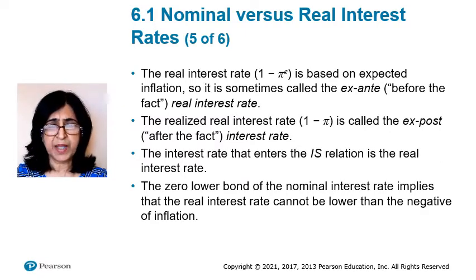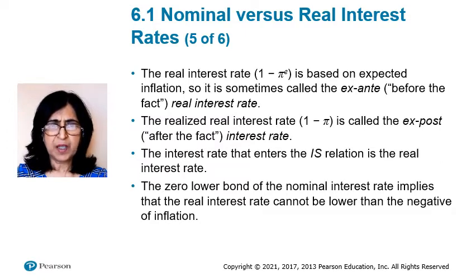Although the central bank chooses the nominal rate, it cares about the real rate because this is the rate that affects spending decisions. If the central bank wants to set the real interest rate equal to R, it must choose the nominal interest rate i so that, given expected inflation π^e, the real interest rate R equals i minus π^e at the desired level.